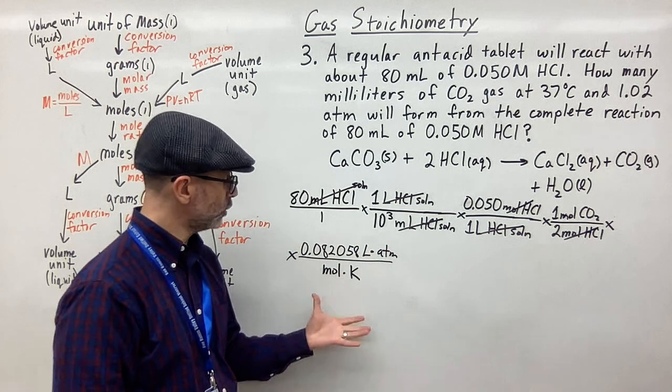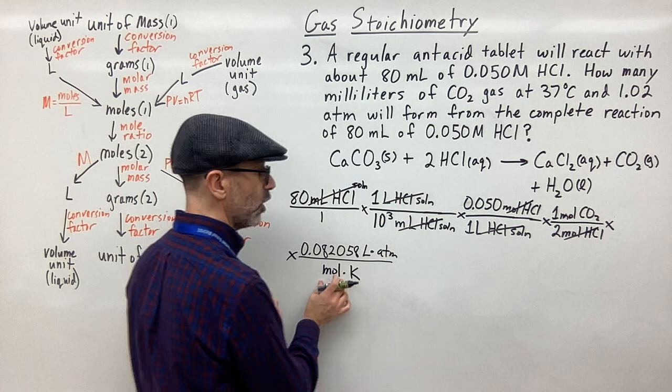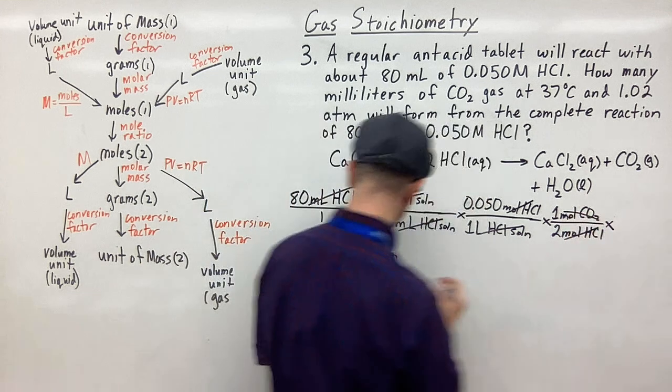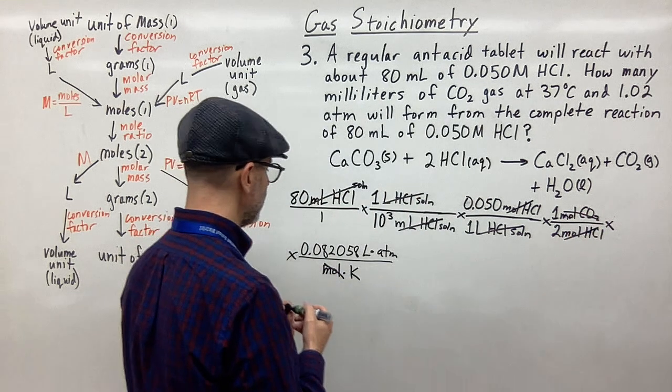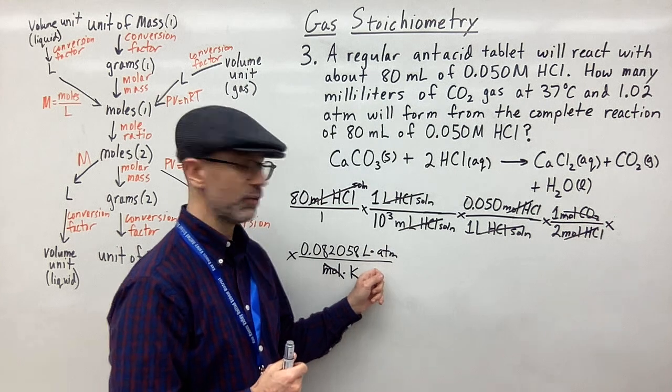So this is my conversion factor. So moles are going to cancel out. So this is moles of CO2 that we're talking about. So moles are going to cancel out here. But then we need to get Kelvin and atmospheres to cancel out, leaving liters.